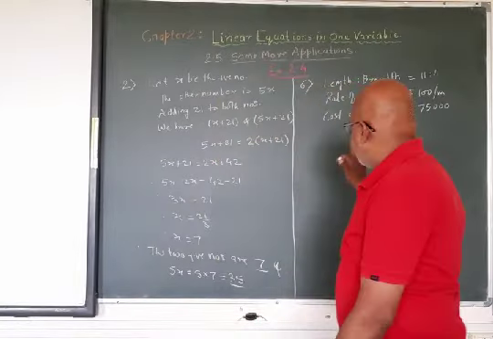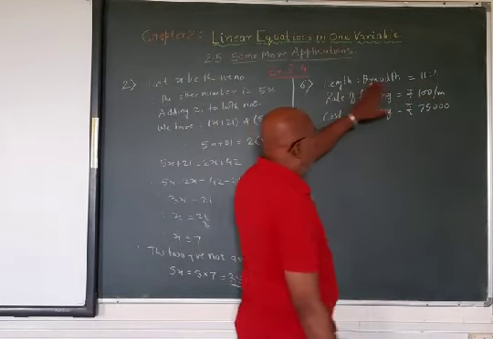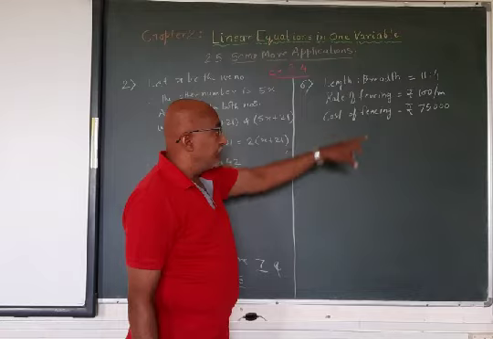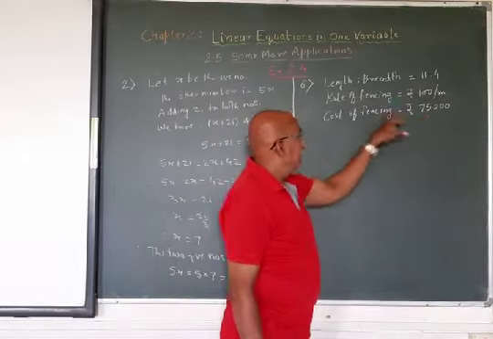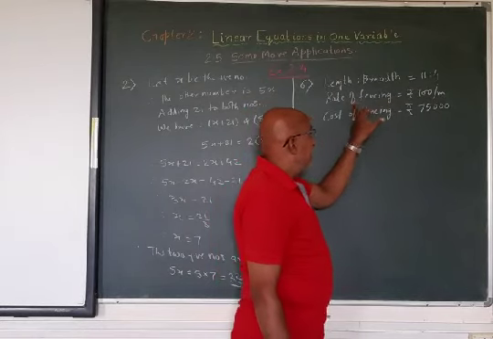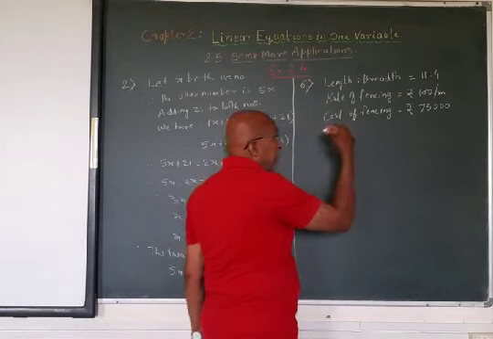So there are two parts in this. The ratio of the length and breadth is given, the rate of fencing is given per meter, and the total cost of fencing. So here we can find the perimeter. First we will find the perimeter.